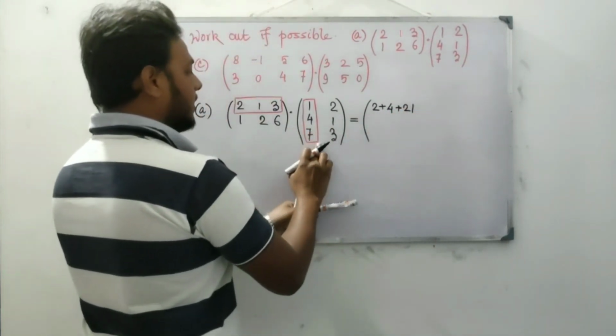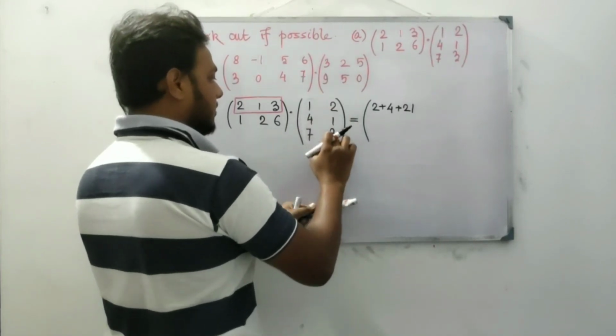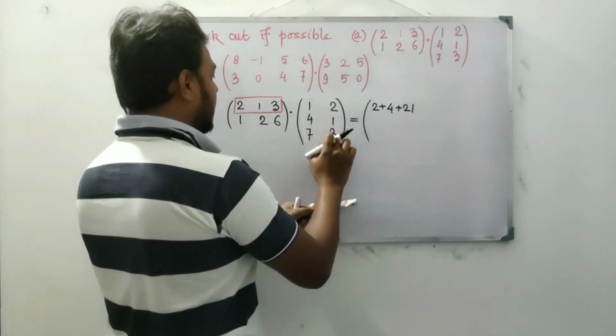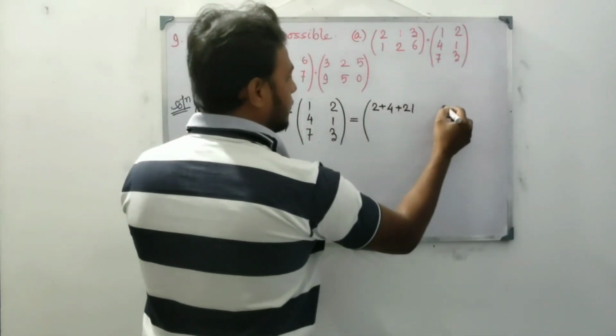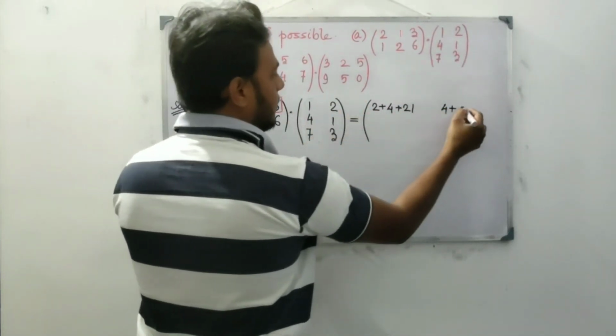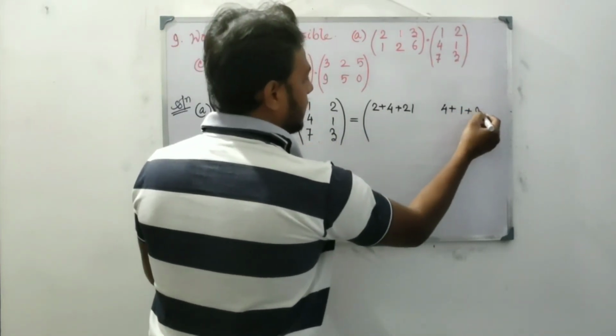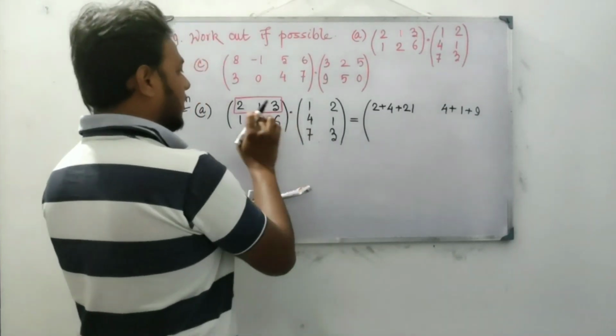So this is complete with the first column. Now we do the second column: 2 into 2, 4, plus 1 into 1, 1, plus third into third, 3 into 3, 9. So this is complete with the first row.